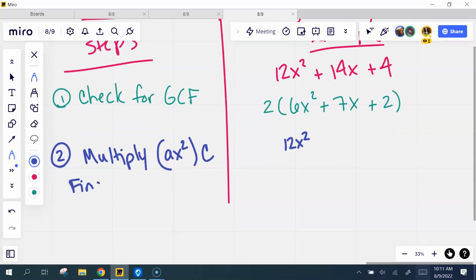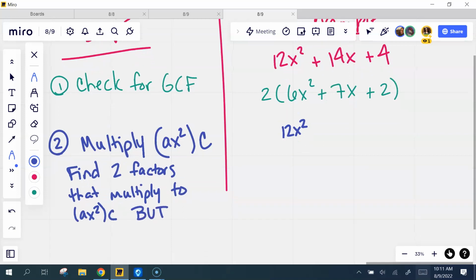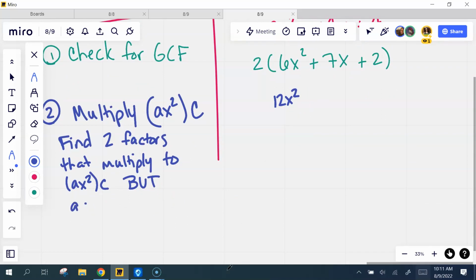You're going to find two factors that multiply to that ax squared times c, but they have to add to your bx, your middle term. Okay, I'm going to give you a second to copy that, and then we're actually going to do it.